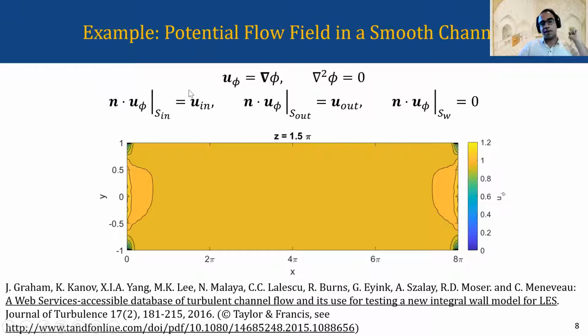So you can imagine this U in is taken from the database. It corresponds to a turbulent slice. But when we calculate the potential, we find that it's practically constant. So it's constant almost everywhere except for the ends. And so we thought, why not try to take U phi to be constant?